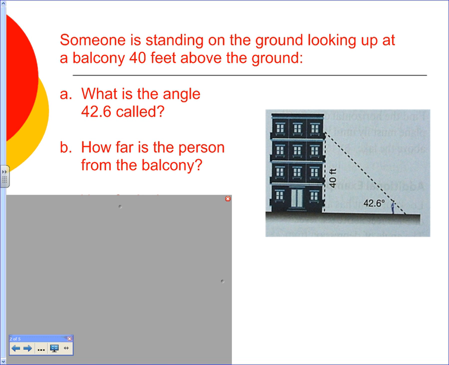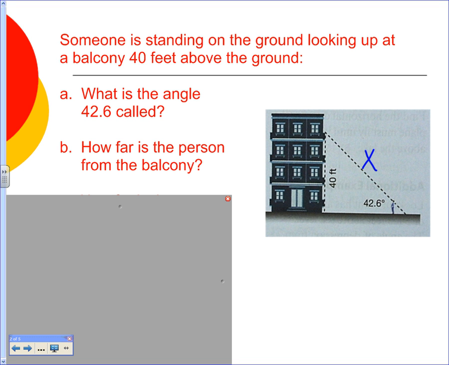What distance are we looking for? Why are we looking for the hypotenuse and not the base? Oh! From the person to the balcony. Person up to the balcony, not to the building. Does that make sense? Okay.